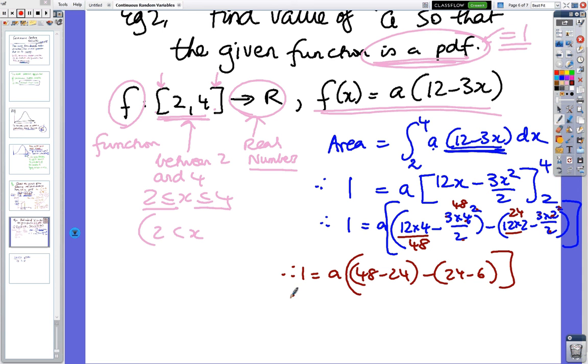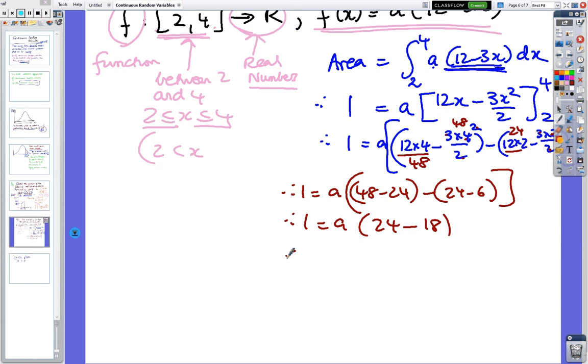So 1 equals a times (24 minus 18). Therefore, 1 equals a times 6, so a equals 1/6.